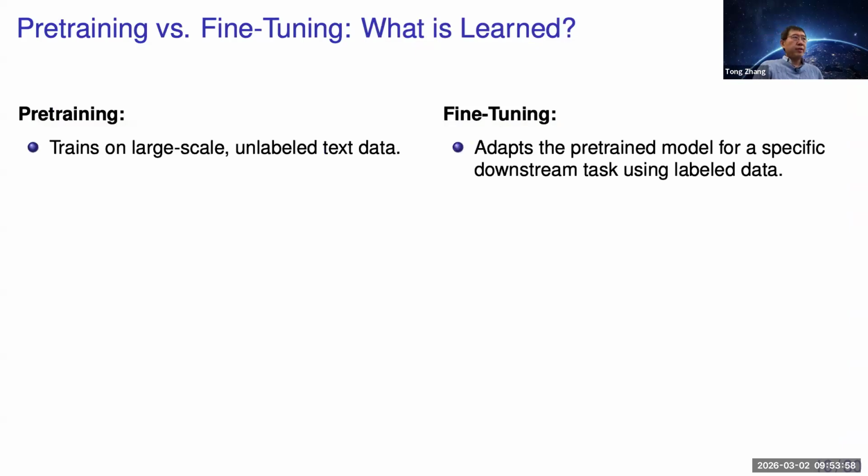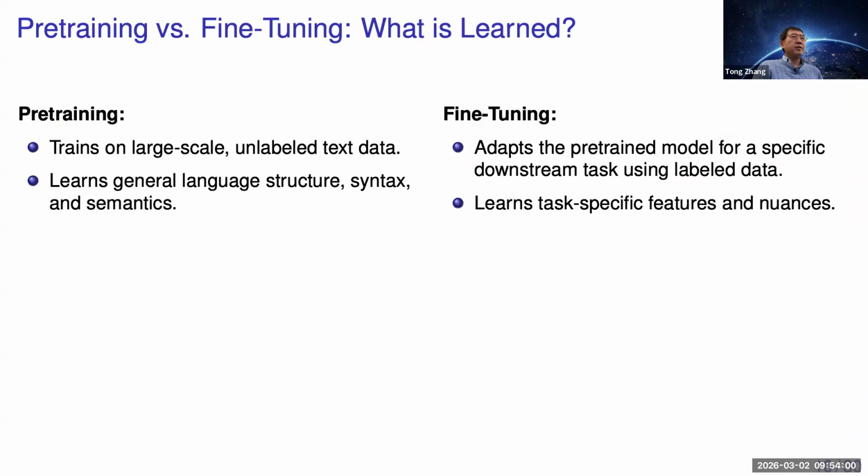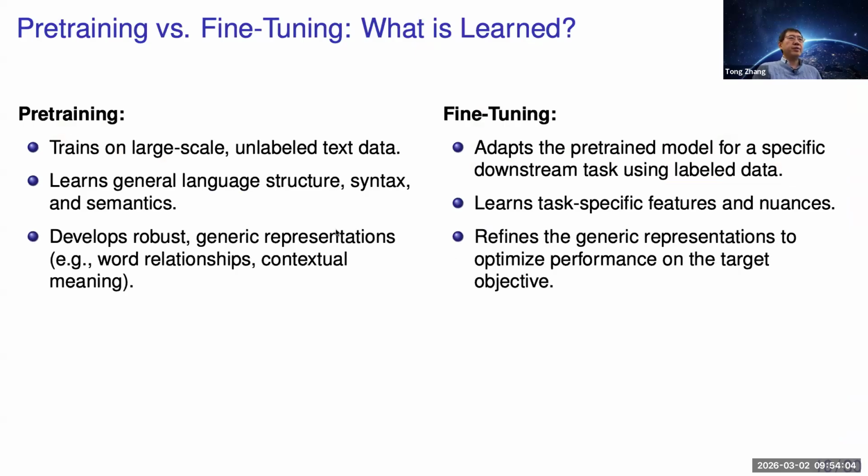So pre-training learns at large scale, then adapts for the specific task: it learns general language, then learns specific features, developing a robust representation, and this turns out to be very powerful. All this instruction tuning, post-training, reinforcement learning, sometimes people say they are just extracting what's already there in the pre-training.